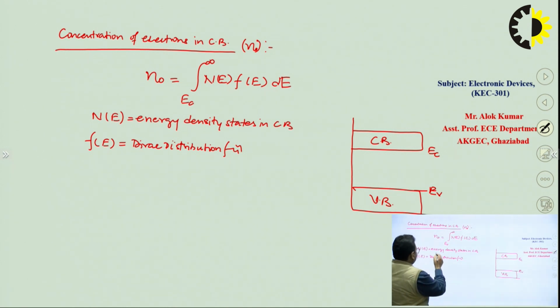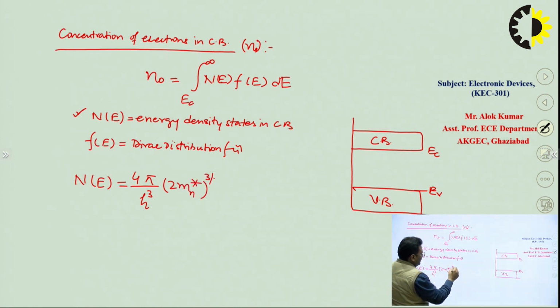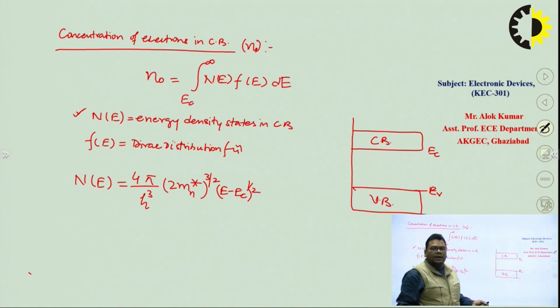So first of all we will see the equation for this N(E). How can we express this N(E)? N(E) can be written as 4 pi upon h cube into (2 m n star) to the power 3 by 2 into (E minus EC) to the power half. So this will be the formula for N(E), or the energy density of states in the conduction band.